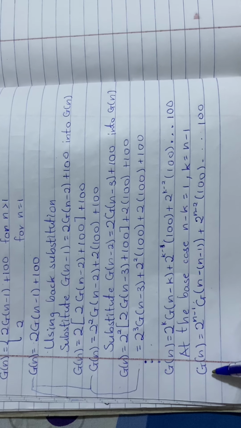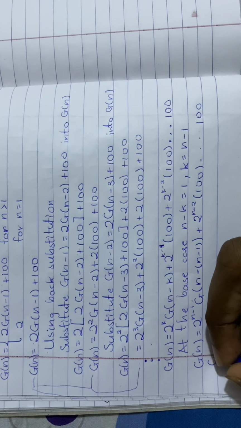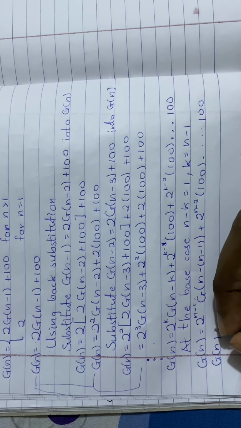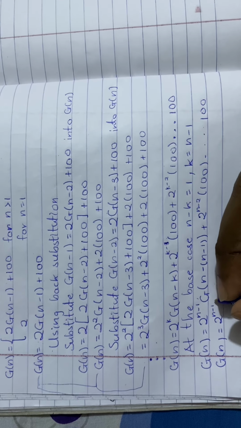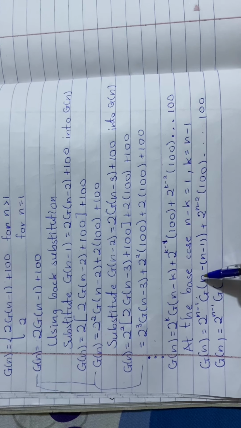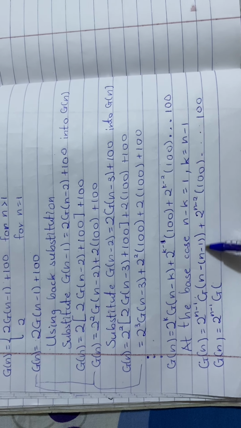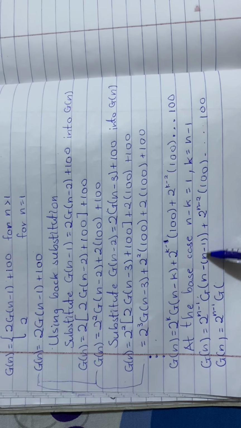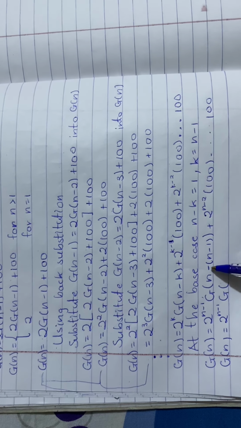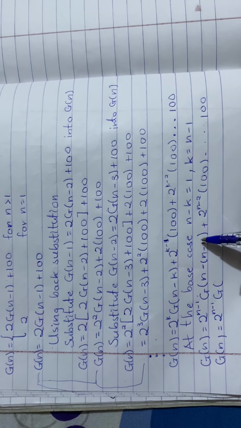Now let's simplify this side. So g of n is equal to 2 to the power of n minus 1, and g of, it's basically negative 1 multiplying the bracket, so negative n and negative 1, so plus 1. So n minus n will cancel each other, and now it's left with 1.